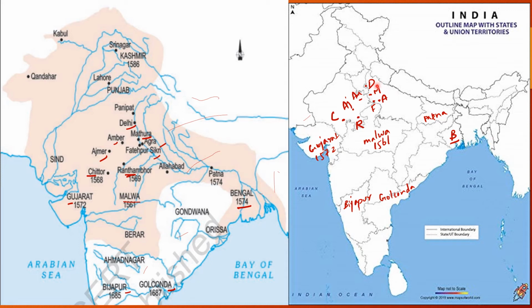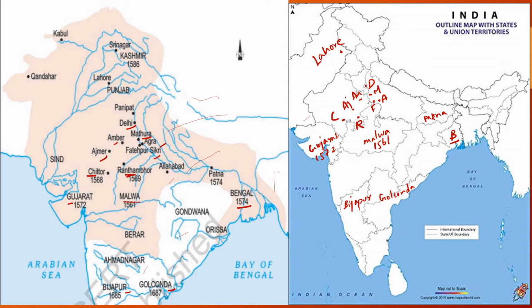So Patna comes here. Then Delhi, Mathura, Agra, Fatehpur Sikri, Ajmer, Amber. Clear? These are the important places, as well as Lahore. Children, Lahore you can mark here, the present day capital of Pakistan. Lahore comes in this region.